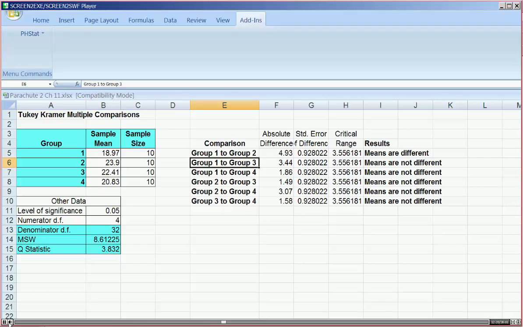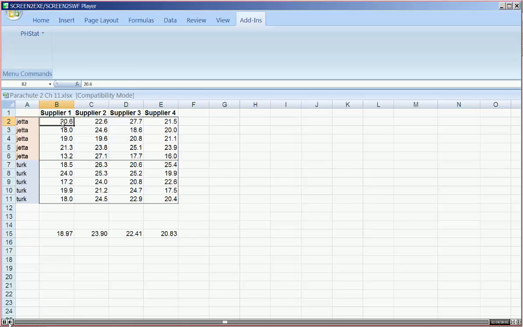If we look at the data, that's here and here. So we need to pick the largest. And it's definitely here.